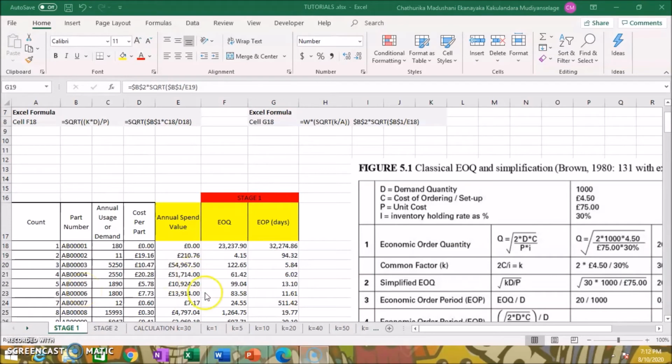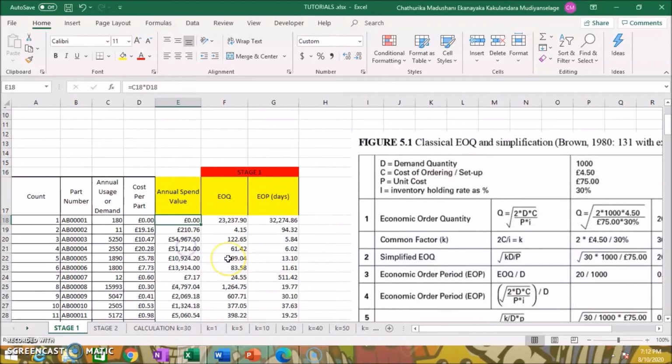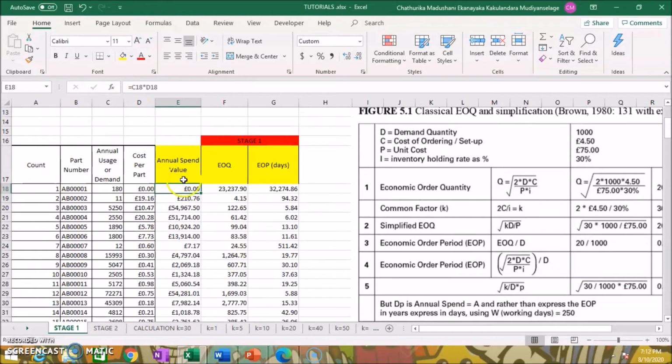So one of the interesting things that you can see here is when the annual spend value increases, then EOP, economic order period, decreases. For example, when it increases from 0 to 200, then EOP decreases from 32,000 to 94.